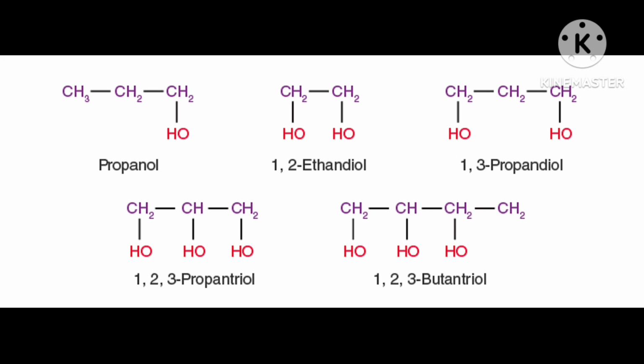Our serial number is 3, carbon number 3. Then the IUPAC name will be 3-methylphenol. Now one more example: at the para position a methyl group is attached. Then obviously, in the same way, it will be called para-cresol.